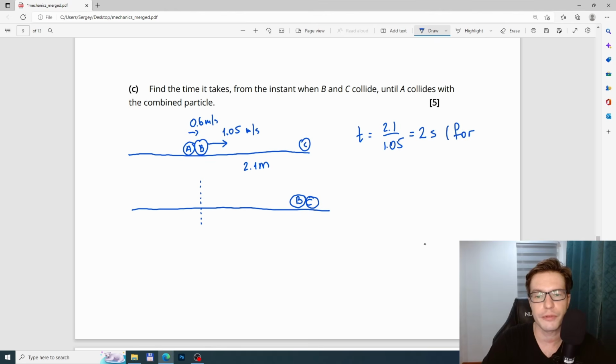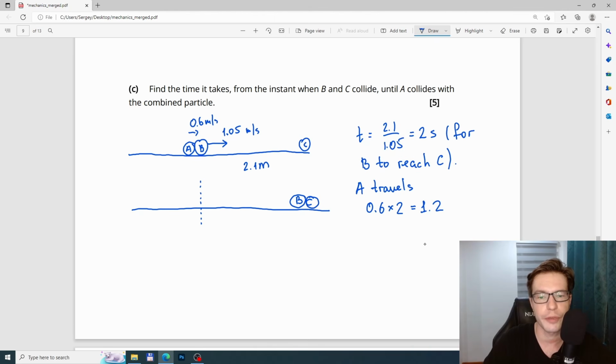So that's the time for B to reach C. Meanwhile, during this time, particle A will travel 0.6 times 2, which is 1.2 meters.